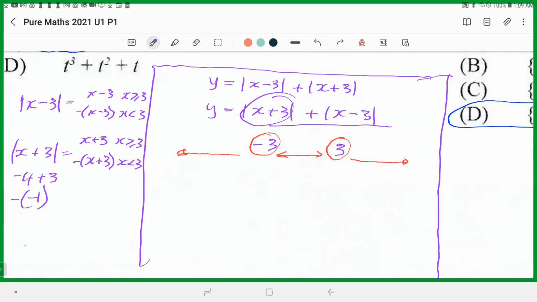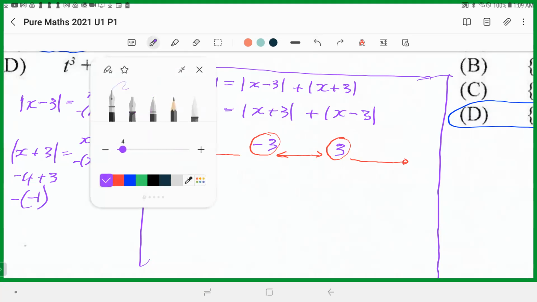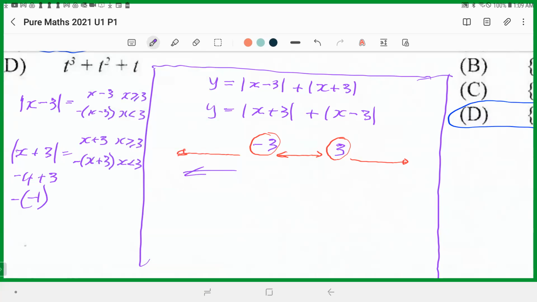So look what we're going to do now. The function has 3 sections. Over to the left of negative 3, both of them are to the left of negative 3, so the two of them are negative. The sum becomes the negative of this and the negative of that.